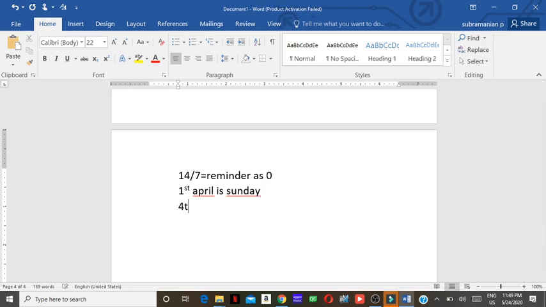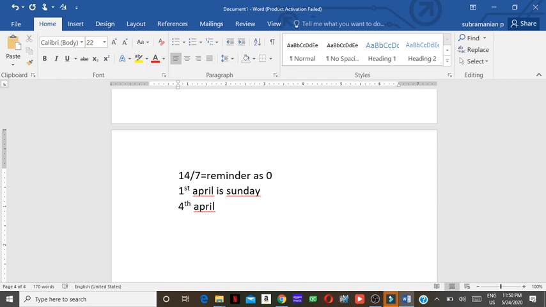So the answer is 4th April. You can easily find it. It is an easy way to solve this kind of calendar question. There are many ways; this is one kind of shortcut. If you learn this, you can solve it very easily.